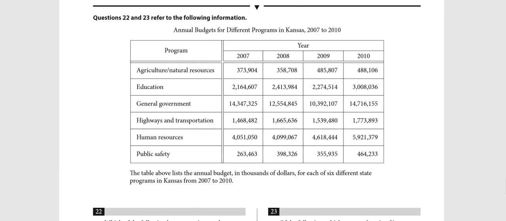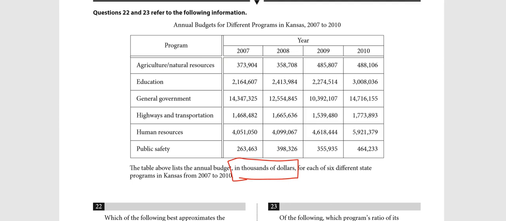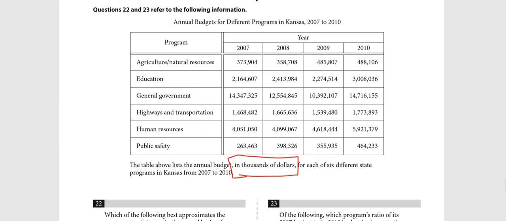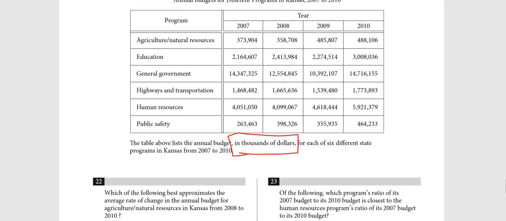Annual budgets of different programs in Kansas. Okay, a lot of info there. Oh look, there's thousands of dollars. I wonder if that makes any difference in any of these. We'll see, because obviously there's 3 extra zeros on every one of those numbers. Which of the following best approximates the average rate of change?